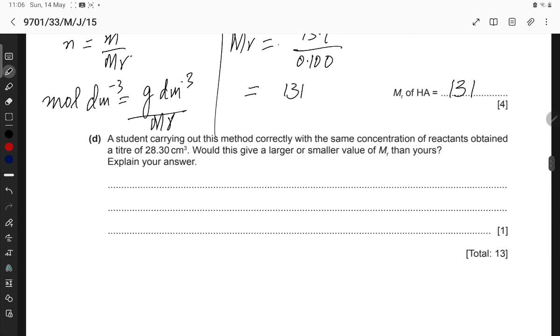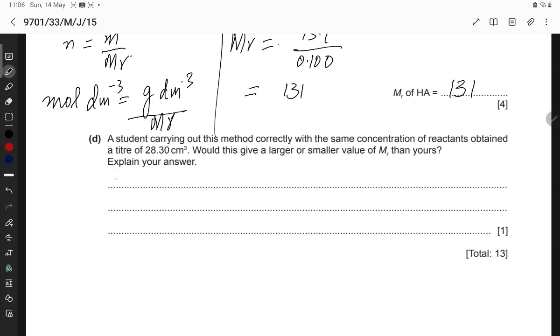A student carrying out this method correctly with the same concentration of reactant obtained a titre of 28.30 cm³. Would this give a larger or smaller value of Mr than yours? Explain your answer.